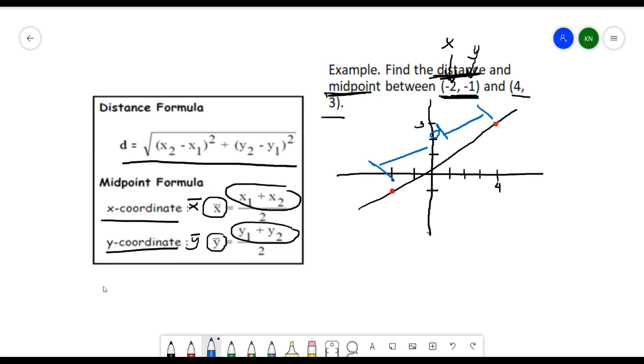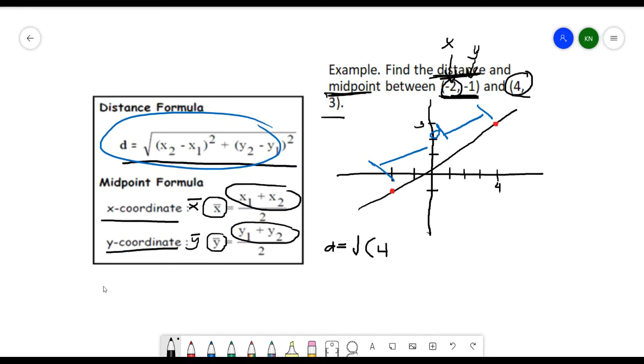So in order to find d and the midpoints, we can follow this formula here. We have d is equivalent to x sub 2, in which our x sub 2 is given to be 4, minus x sub 1, which is -2.